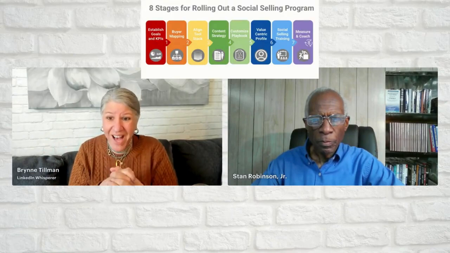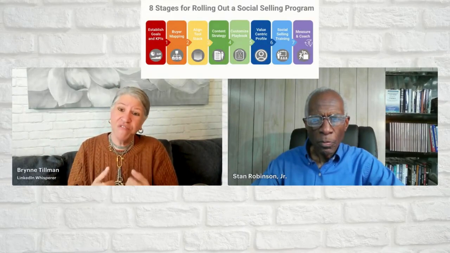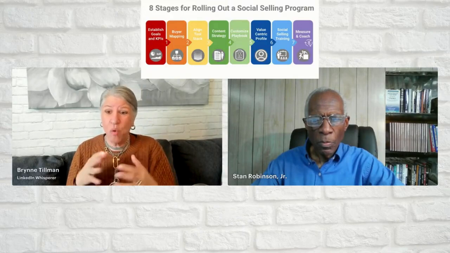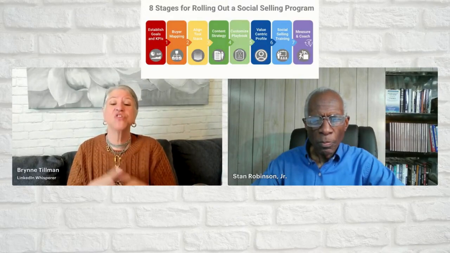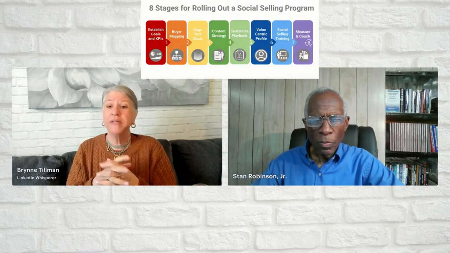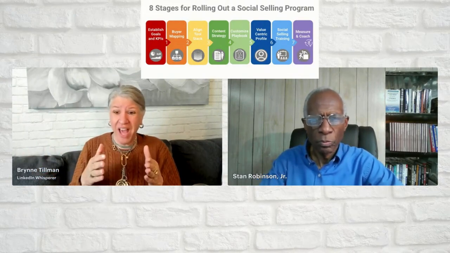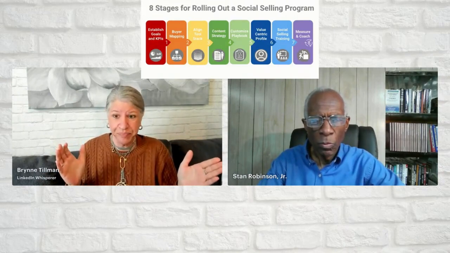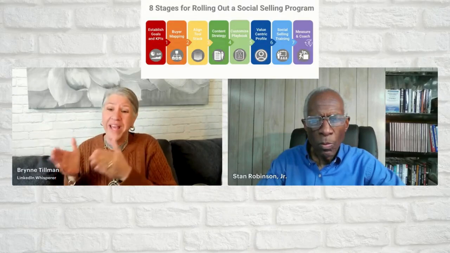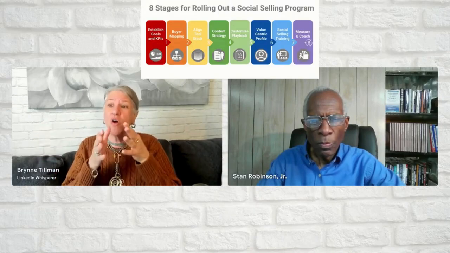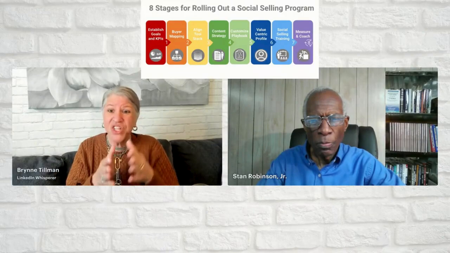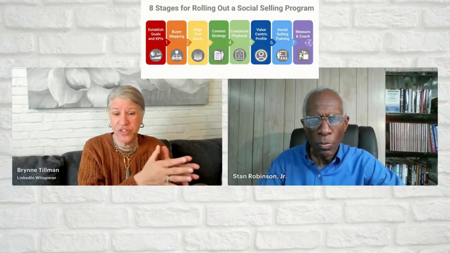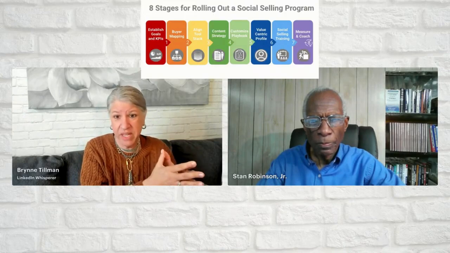There are so many KPIs for sales, yet very few actually align KPIs with their social selling efforts. So the first thing we want to look at before we roll out any LinkedIn social selling program is what KPIs are important to meet the sales goals of the department or the company.